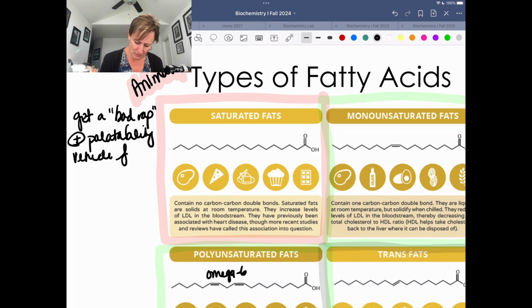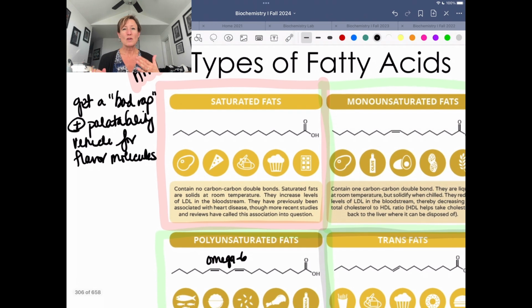If you think about bacon grease, and I know nobody eats bacon grease, but why bacon and bacon grease and things like that are so flavorful is not because of the fat, but it's the flavor molecules that are often hydrophobic compounds that like to associate with the fat. So again, fat can be a great way to have palatability.